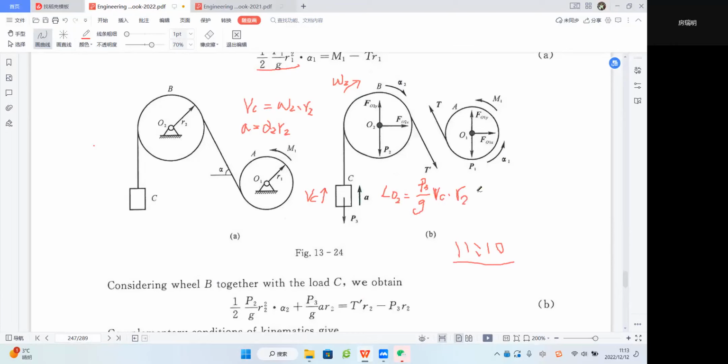And the second part is, because this cylinder B is a rigid body which rotates around the fixed axis O2, its angular momentum will just be I_O2 times omega 2, right?